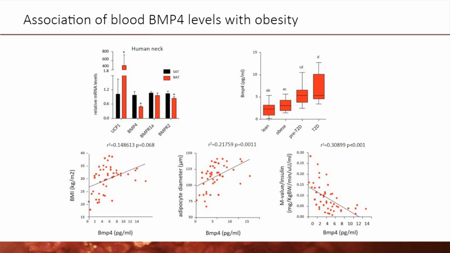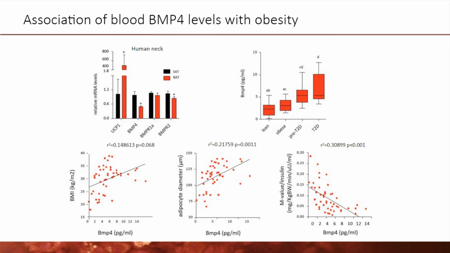BMP4 expression is also reduced in human brown adipose tissue, and the levels are correlated with BMI, the bottom left graph, adipocyte diameter, which would fit with our observation that BMP4 promotes large unilocular cell formation, and also the insulin infusion rate within a clamp.